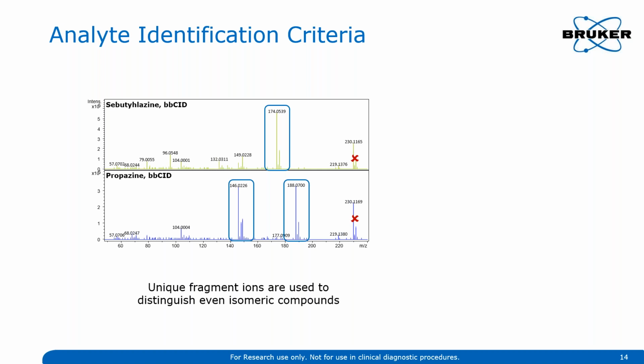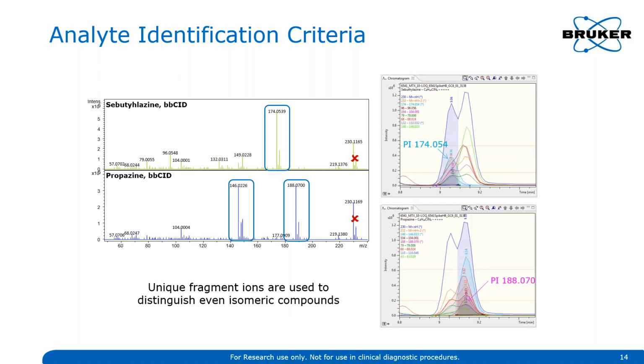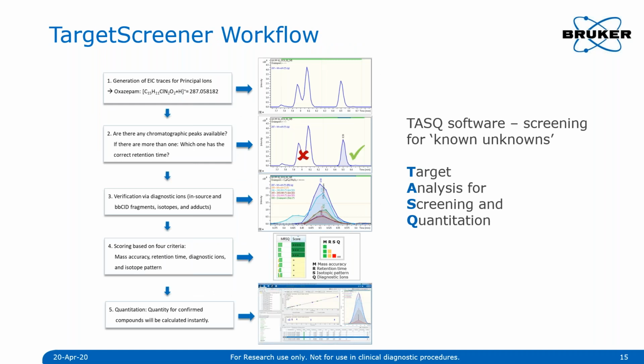Now we can extract ion chromatograms for these fragment ions and perform quantitation for each one of the 2 pesticides individually. Being able to select different ions for quantitation, including fragments, for example, is very important to avoid interference in cases like this one.